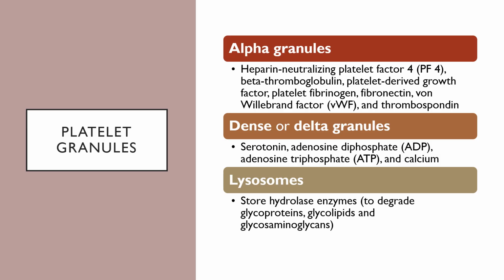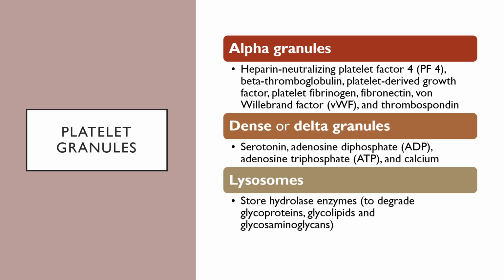Let's talk about the platelet granules. We've got a few different things going on. The first type of granule are alpha granules. These contain heparin neutralizing platelet factor 4, beta thromboglobulin, platelet derived growth factor, platelet fibrinogen, fibronectin, von Willebrand factor, and thrombospondin.